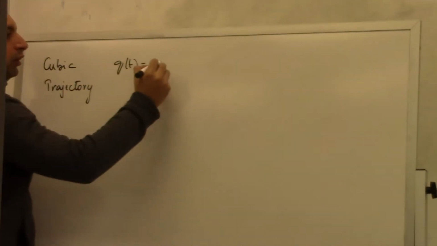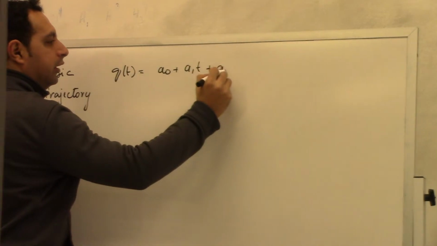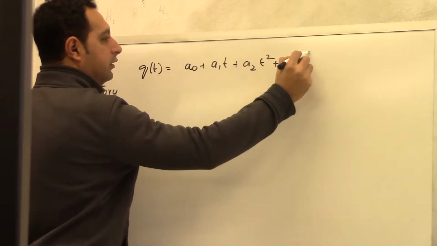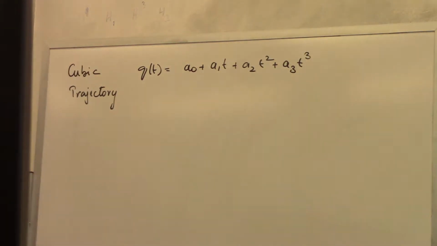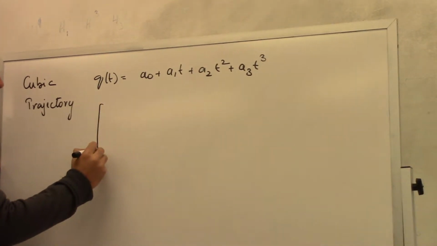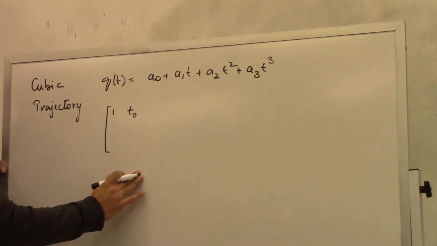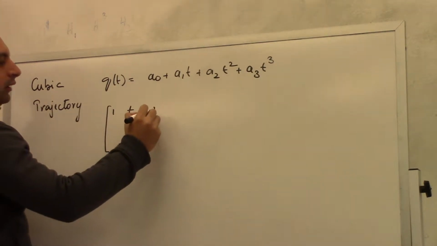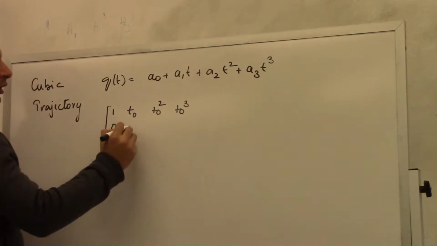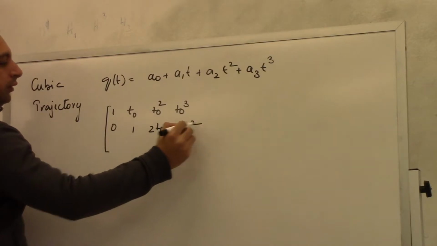Right? So q of t is a0 plus a1 t plus a2 t squared plus a3 t cubed. We try to find the linear system like this. We'll say 1, t0 is your initial time, then we have t0 squared, t0 cubed; 0, 1, 2 t0, 3 t0 squared.